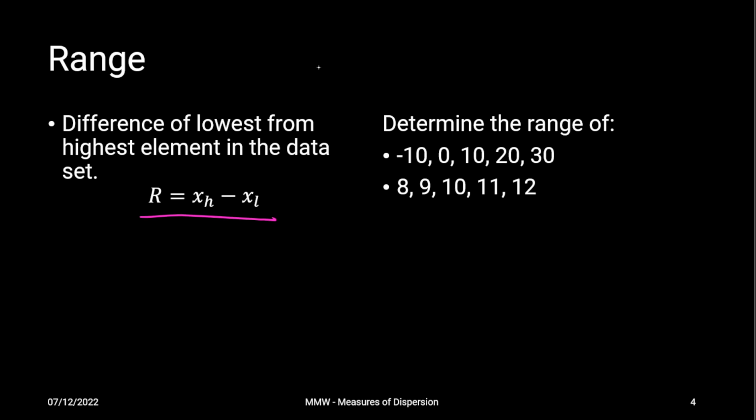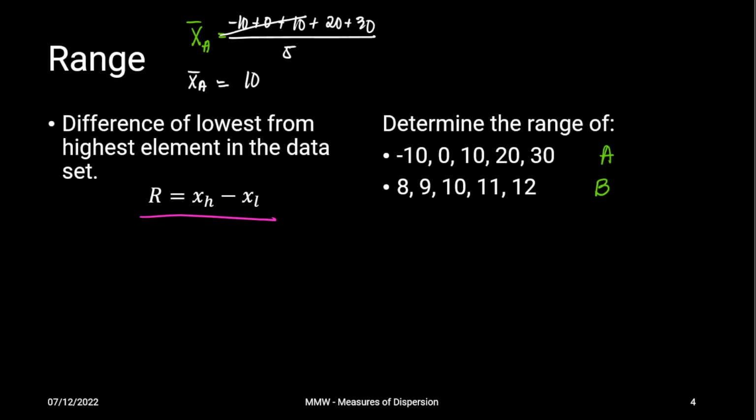Let's say the first data set is set A and the second is set B. For the mean of set A, we have negative 10 plus 0 plus 10 plus 20 plus 30, all over 5, since we have 5 elements. Negative 10 plus 10 is 0, 20 plus 30 is 50, divided by 5 is 10. So the mean of the first data set is 10.